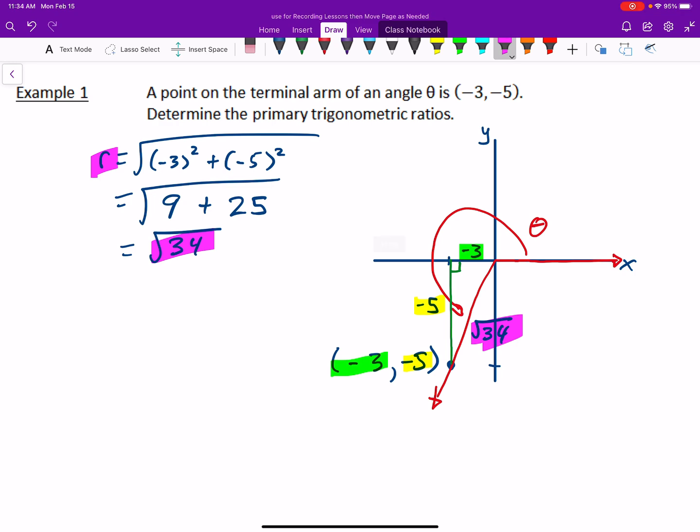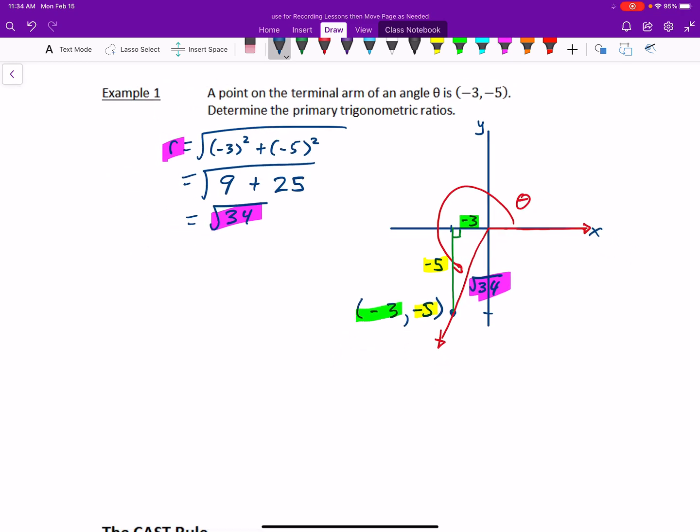So if I want to find the primary trig ratios, I know that sine theta is going to equal opposite over hypotenuse. And opposite, again, is always the y value. Actually, let me go back and put it this way. Sine is equal to y over r, we just said above. So that would be -5 over the square root of 34.